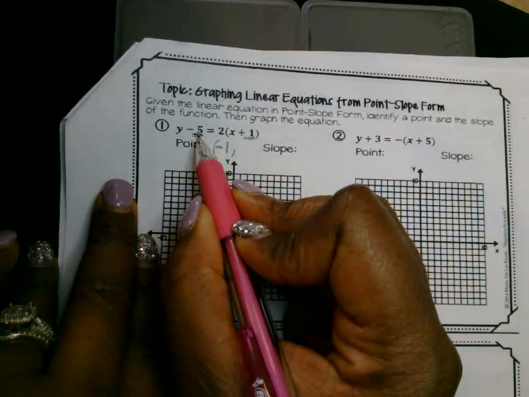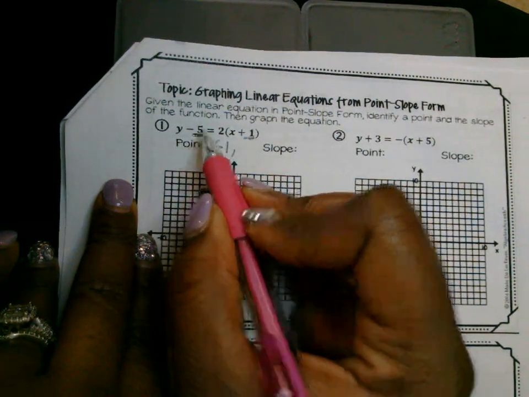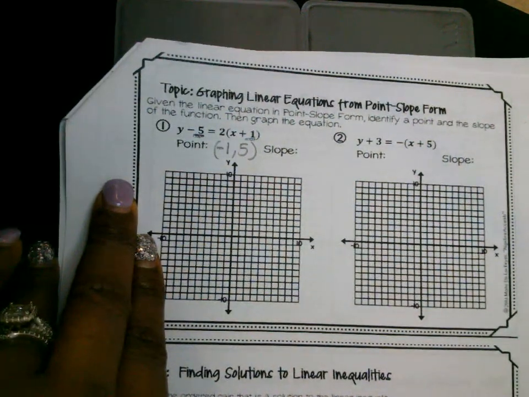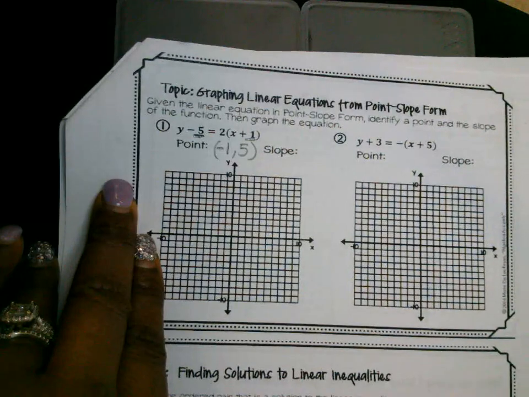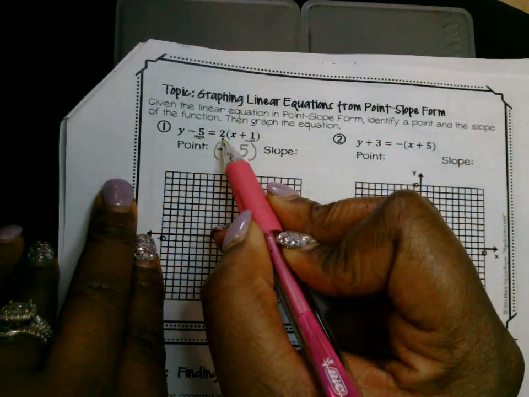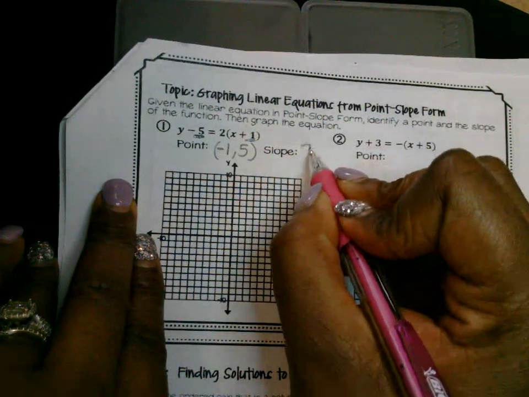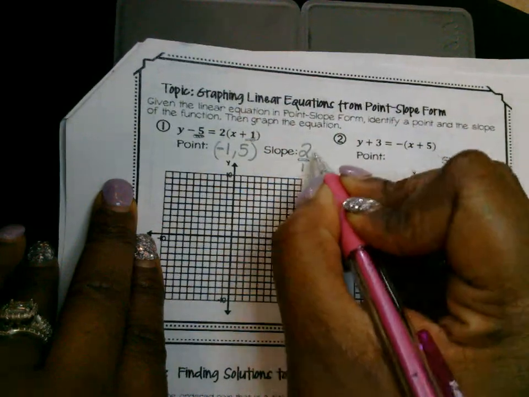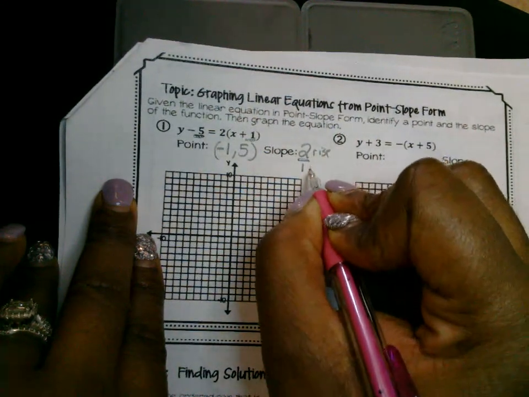My y coordinate is +5. Remember, the negative is a part of the formula. Your slope is the number that's on the outside of the parentheses, 2. Slope is 2. If I want to write this as a fraction, I just put a 1 under it. This is my rise. This is my run.